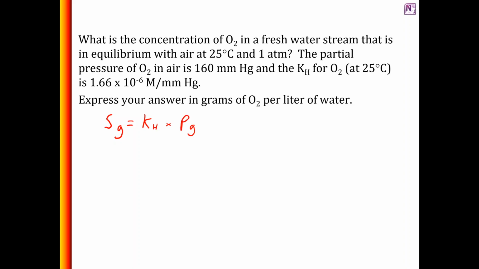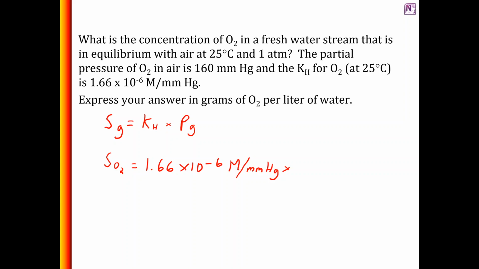So for this question, if I want to know S of O2, that will be equal to our constant, so 1.66 times 10 to the minus 6, and this has units of molarity over millimeters of mercury. And we're going to say times the partial pressure of the oxygen.